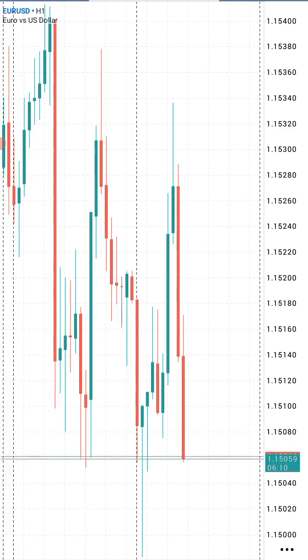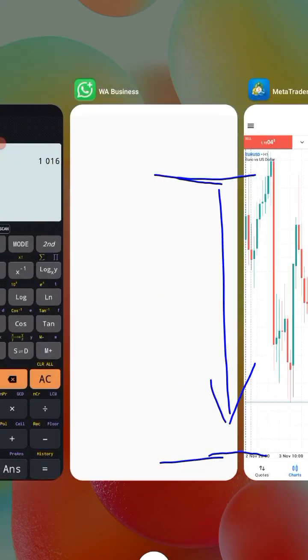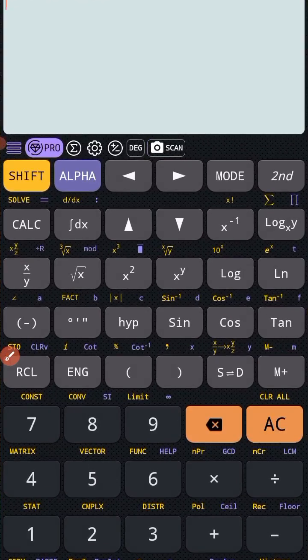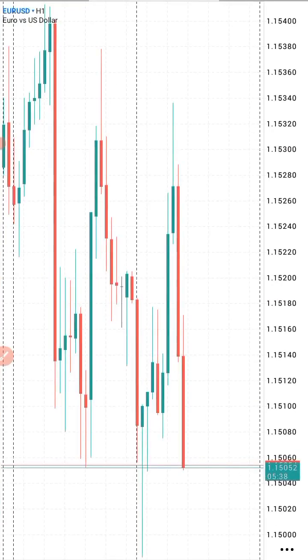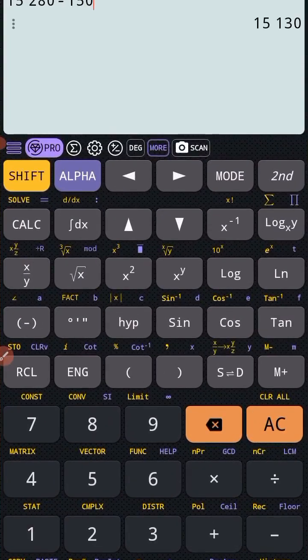Now, for example, if you sold from here and you ended here, let's calculate the pips. Let's say you sold from this particular region and you are now in this particular region. That's 15280 minus 15052.